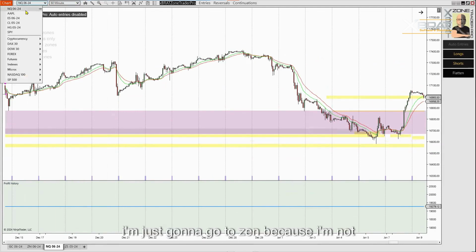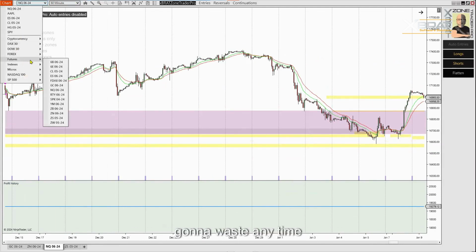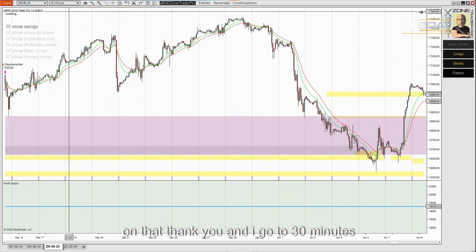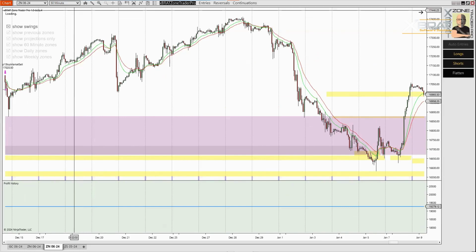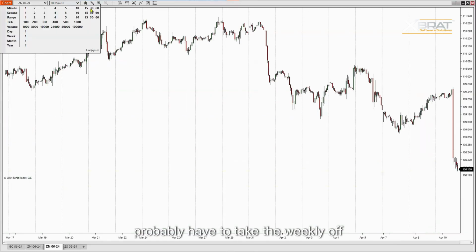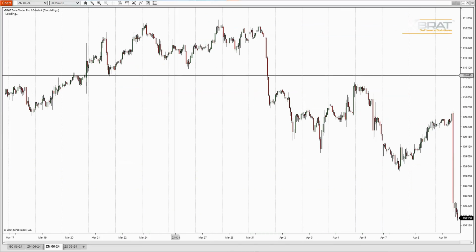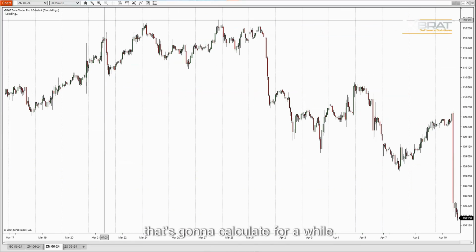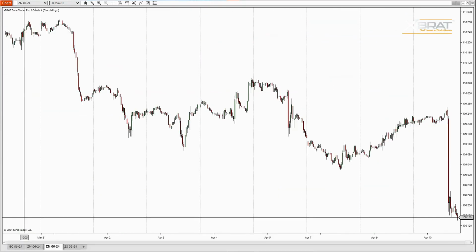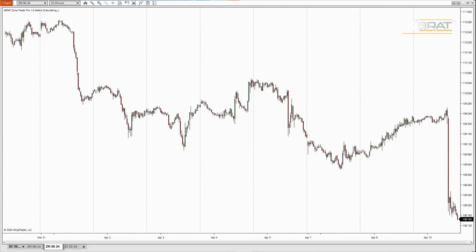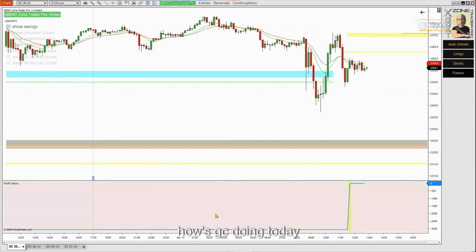I'm just going to go to ZN because I'm not going to waste any time on NQ. And I go to 30 minutes. Probably have to take the weekly off. Might get in the way. That's going to calculate for a while. How's GC doing today?